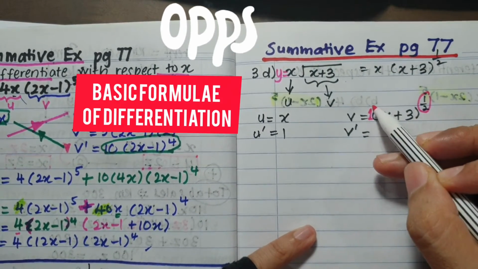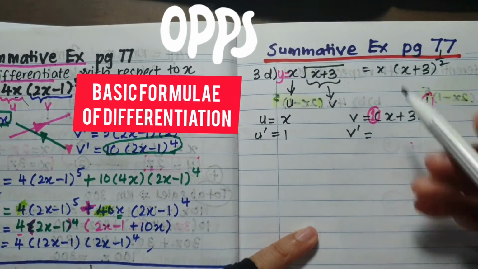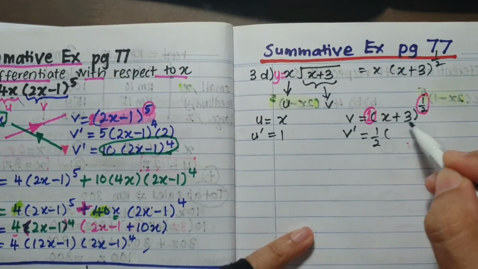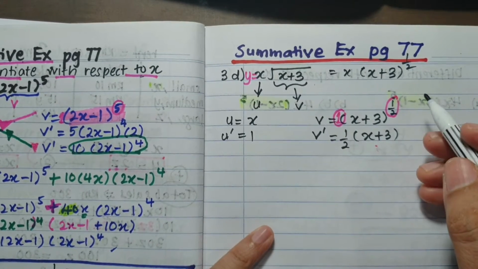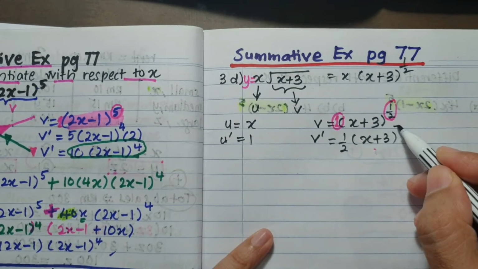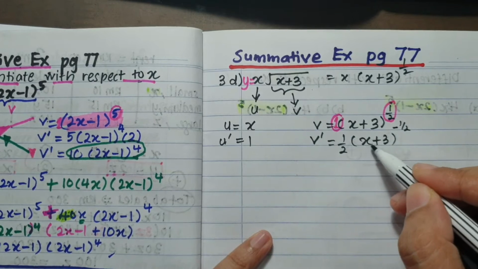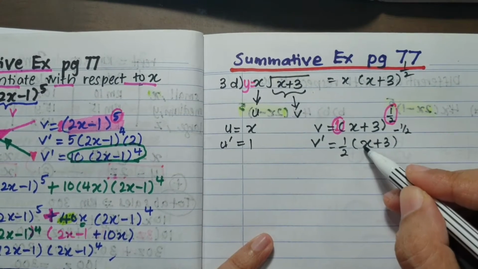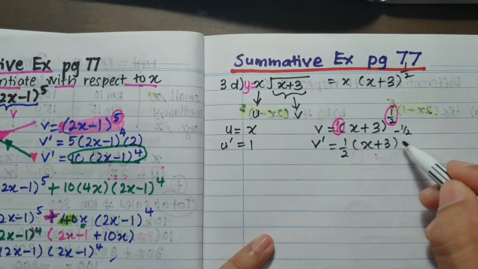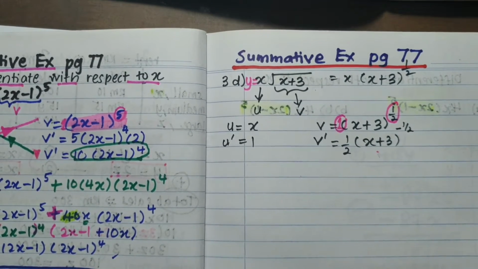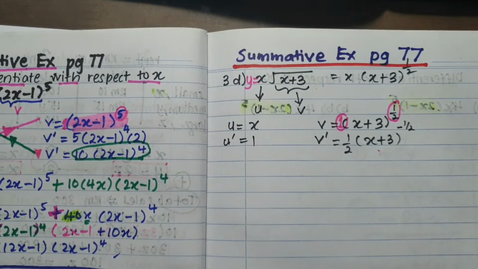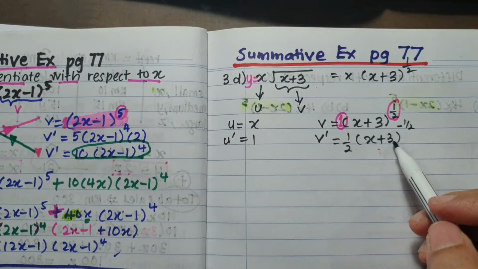Half times 1, multiply the index to the front, become half. Copy whatever function you have in the bracket. The index always decreases by 1. Half minus 1 is negative half. Don't forget to differentiate the function in the bracket. Differentiation of x is 1. Differentiation of any constant is 0.